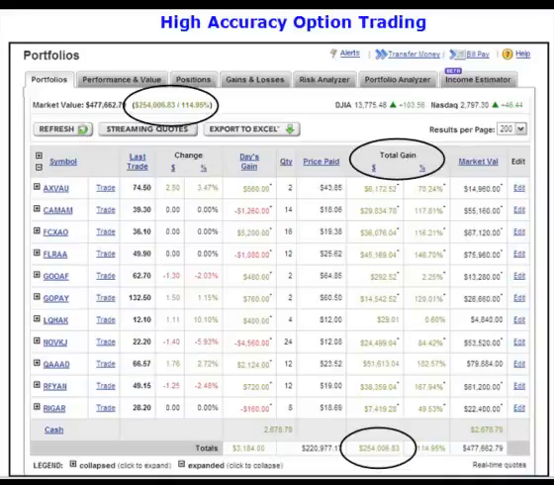This is a snapshot of one of my option portfolios, and I use the 3-step trade selection process to select these options. And this portfolio has a $254,000 open trade profit and an average return of 114%, and all trades are profitable.